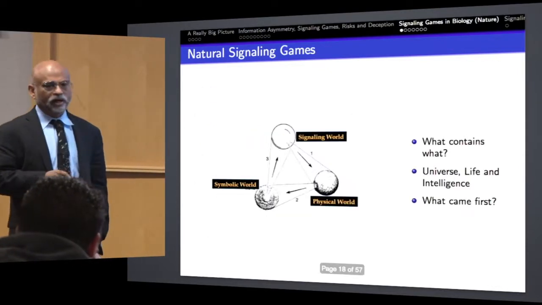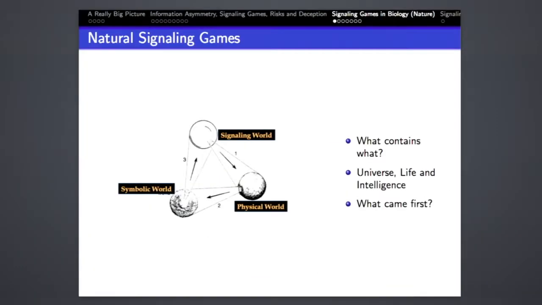So, signaling games in biology. I like this picture. It's actually a picture from Roger Penrose, and I stole it. Okay, I'm going to speed up. So there is a physical world that has all sorts of elements. There's carbon, nitrogen, etc. A small part of that universe, carbon and nitrogen and phosphate and sugars, will create long polymers.